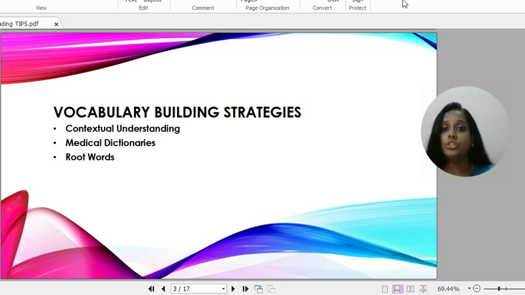So, cardiologist, heart doctor, cardiomyopathy, heart muscle disease. These are words you can understand if you are familiar with the root word cardi, right? Same applies to derm. Derm refers to the skin. So, words like dermatitis, inflammation of the skin, or epidermis, the outer layer of the skin, will make more sense once you recognize the root.